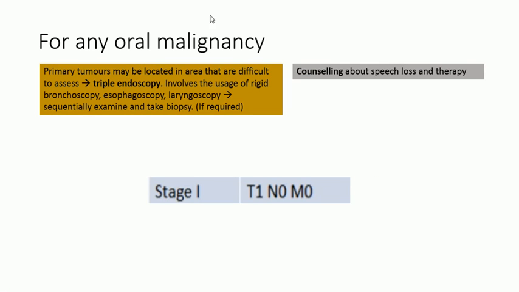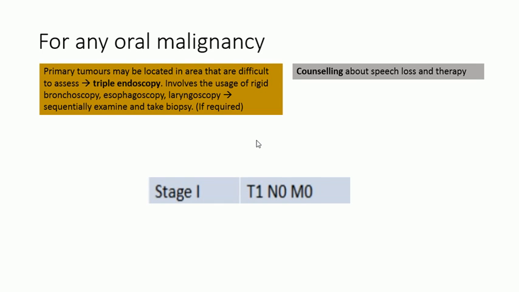Now sometimes the treating surgeon suspects that there can be malignancy in other areas also associated with an oral malignancy, and these areas are very difficult to assess clinically, so you have to take the help of something called triple endoscopy.